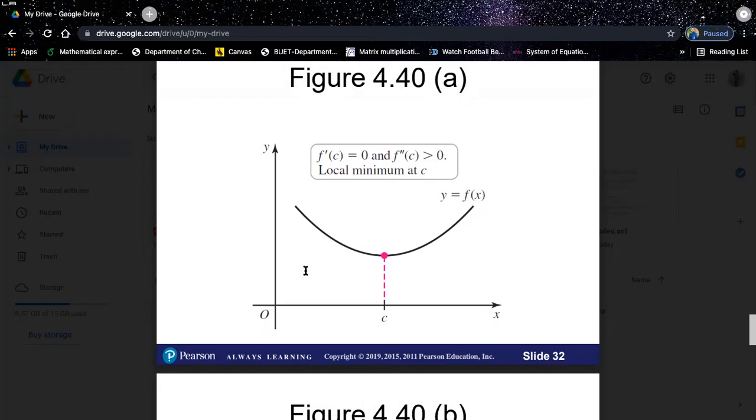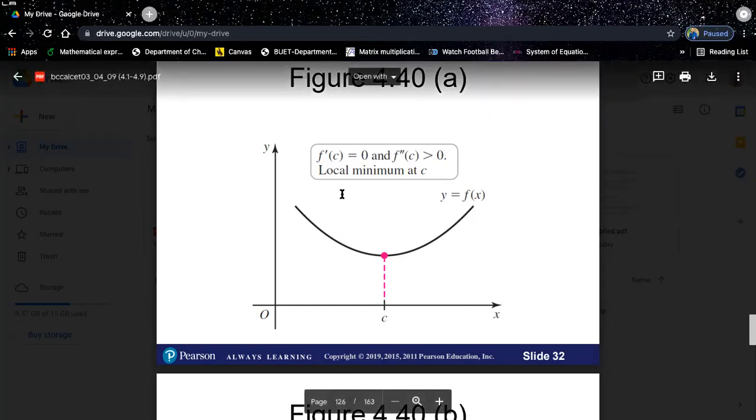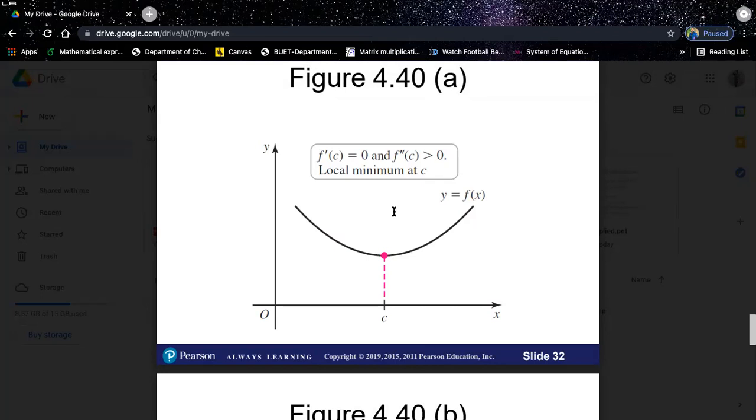So what do I want you to know from these graphs? I might give you a graph like this and ask, at C, what is the second derivative? Your options will be: the second derivative is 0, greater than 0, or less than 0.